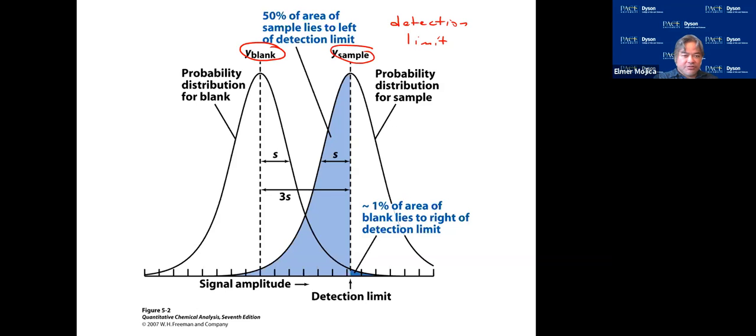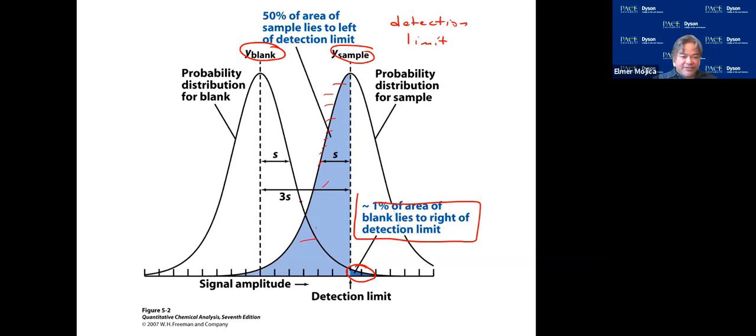Looking at the reading here, 50% of the area of the sample at the detection limit lies to the left here. And 1% of the area of the blank lies to the right of the detection limit. Okay. So the way that they look at this is probability, so remember the Gaussian curve.